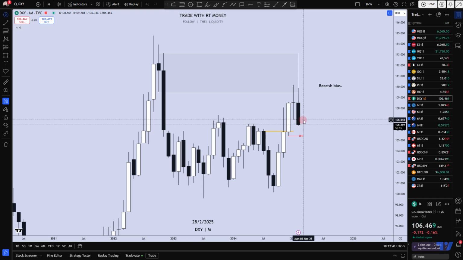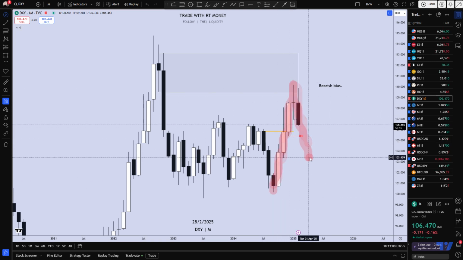So I'm looking for further downside, and this will be my first liquidity target on a monthly basis. We're not going to get there anytime soon, but I think we're going to be working our way down because this impulsive move needs to be corrected, right?